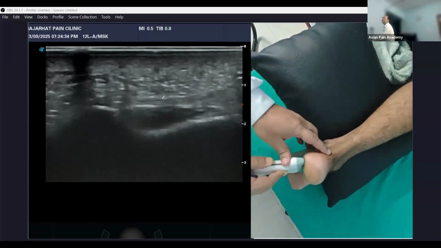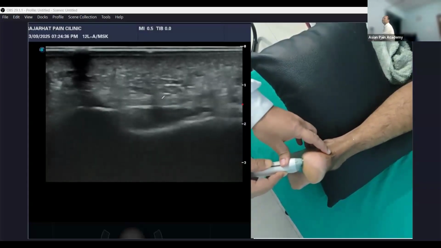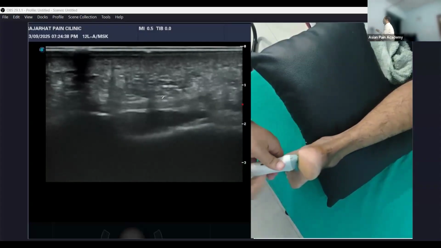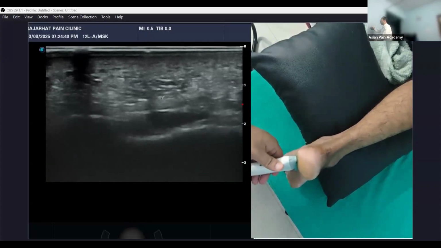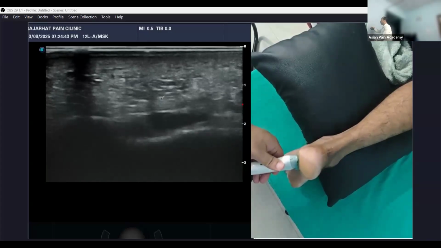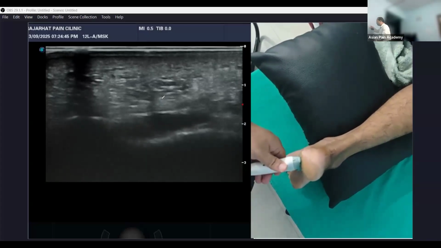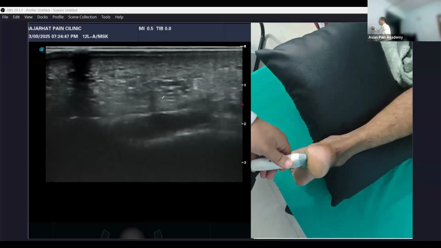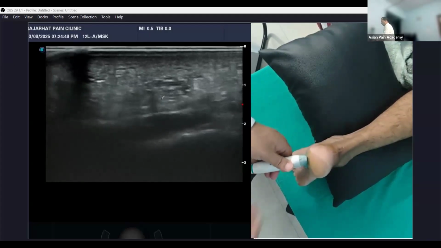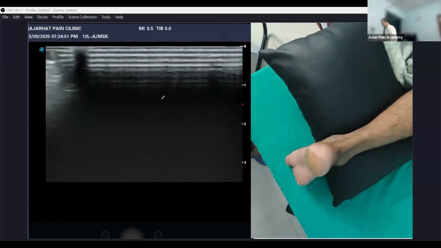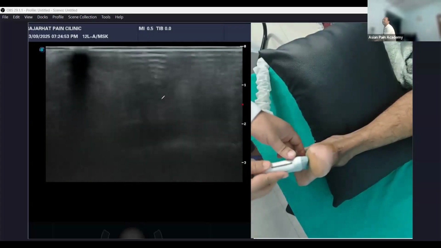You can see from the insertion. Just a minute. Okay, so a large part of the fascia we can see.